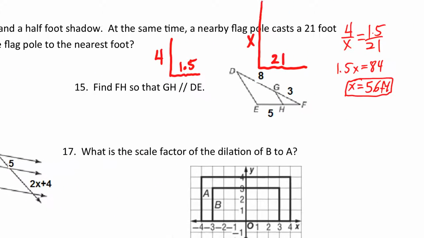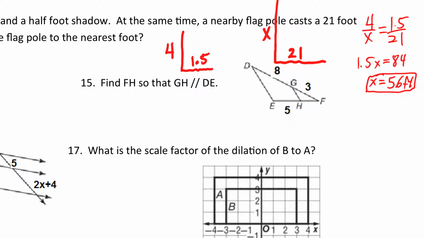Okay, number 15. So we're looking for FH right here to make these parallel. So they have to be proportional. 8 is to 5 as 3 is to x. So 15 equals 8x. And so it's going to be like 1.875.